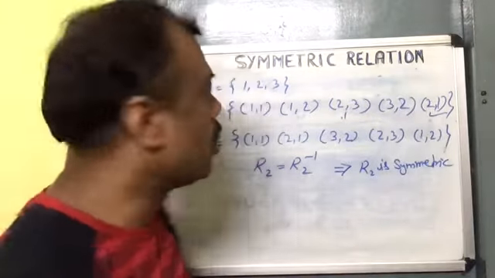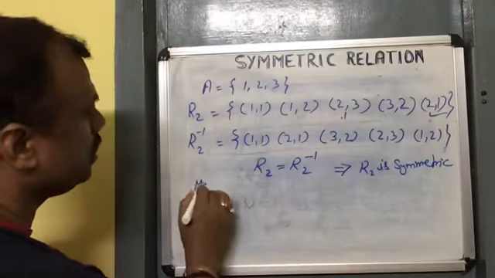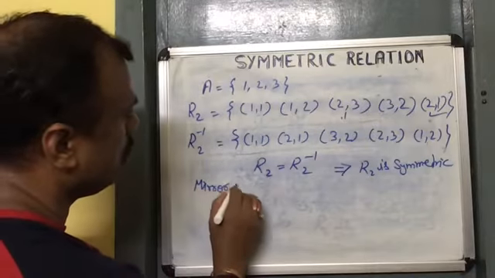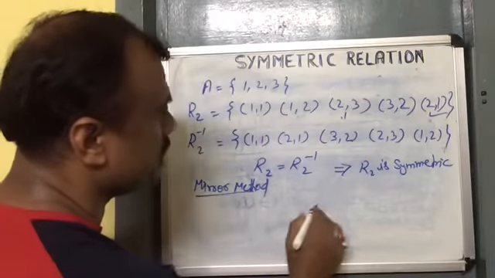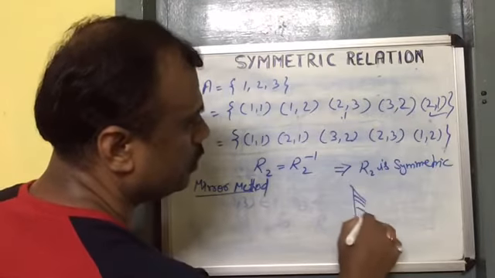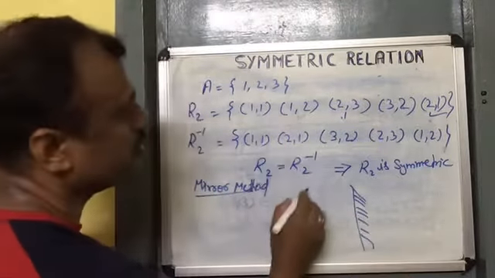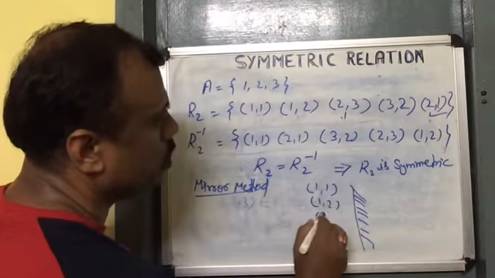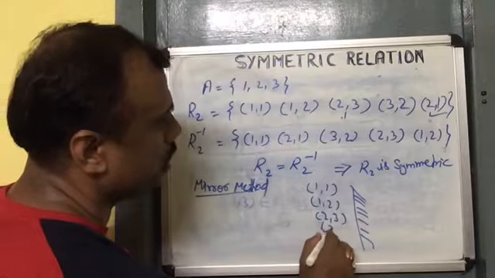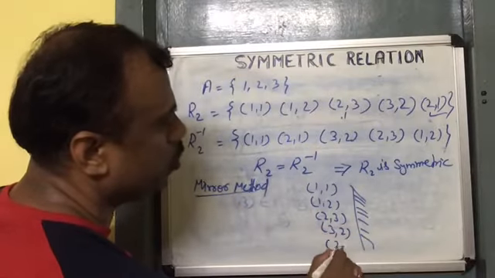Okay, now with the help of the mirror method, what to do? Just write down all the elements: (1,1), (1,2), (2,3), (3,2) and (2,1).